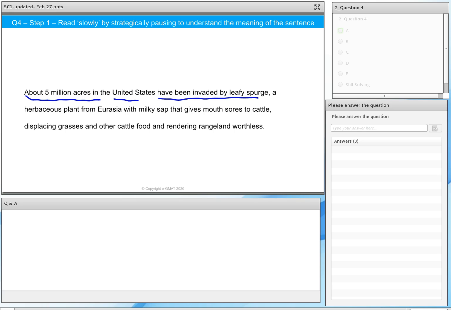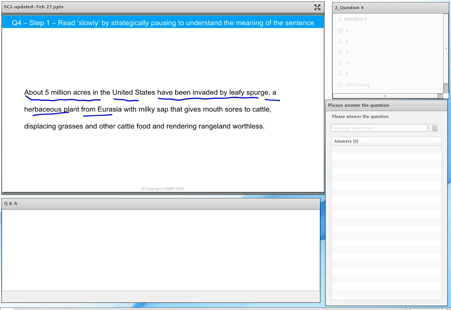Now, from the name, we can definitely infer that it's a kind of vegetation, right? But the author does not want us to keep guessing. The author takes the pain to describe what leafy spurge is, and he says, or she says, whoever it is, a herbaceous plant from Eurasia.